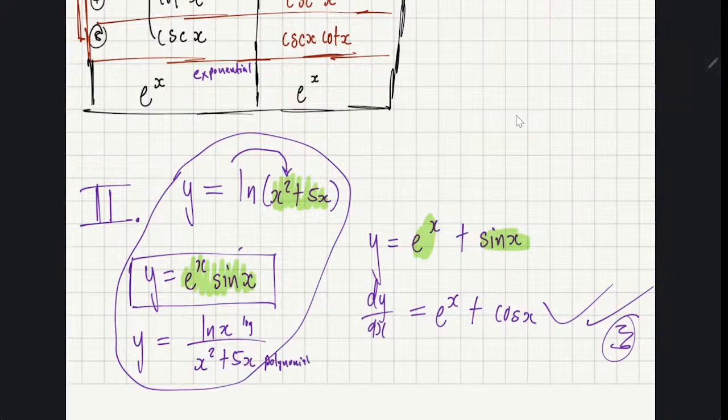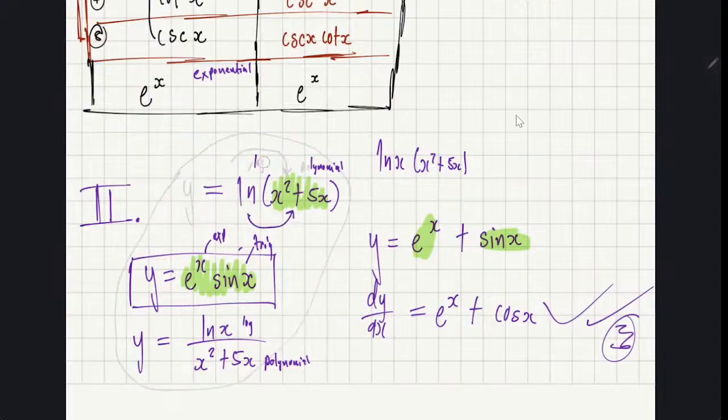So I must know what to do. Oh, I have an exponential here, and I have a trig here, and they are multiplying each other. Oh, I have a logarithmic here, and I have a polynomial. It's not multiplying. If it was multiplying, it would have been ln x, then open bracket, x squared plus 5x. But the ln doesn't have an x. They have put this whole thing instead of x.